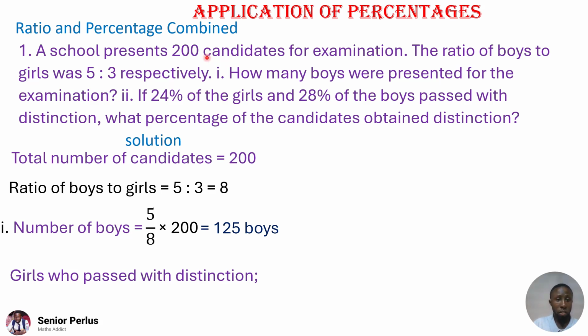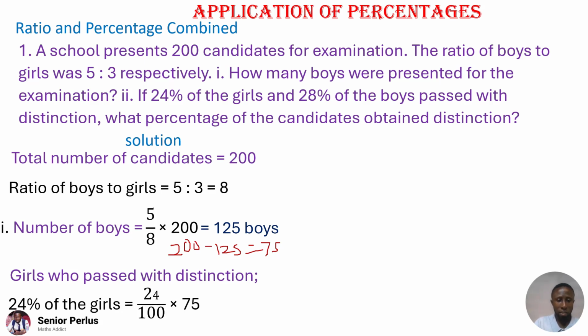So 24%, that's 24 out of 100, times the girls, and the girls is 75, since we know the boys is 125. 200 minus 125, you will get 75. So 24% of the girls gives 18 girls.